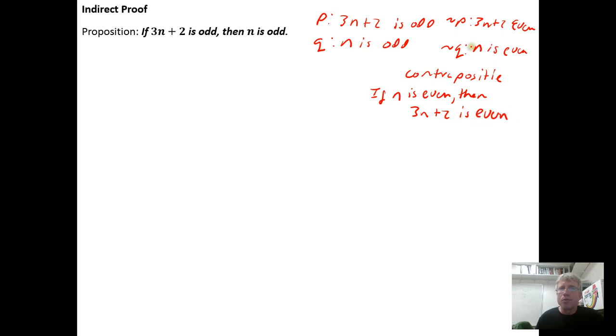And what we're going to do is directly prove this contrapositive statement by assuming n is even and showing that 3n plus 2 must be even, which will prove our original claim that 3n plus 2 odd implies n is odd.